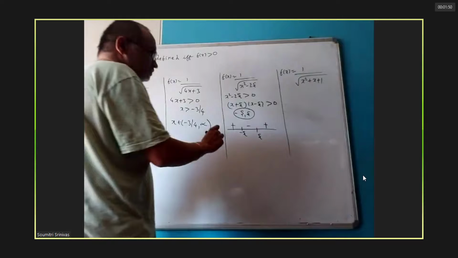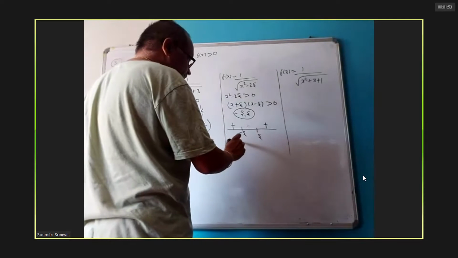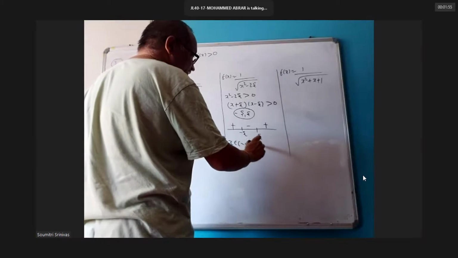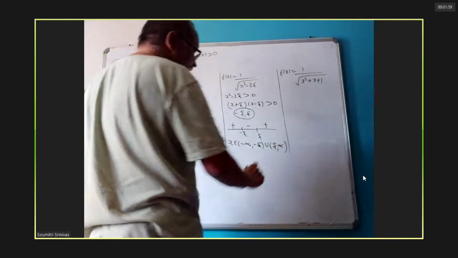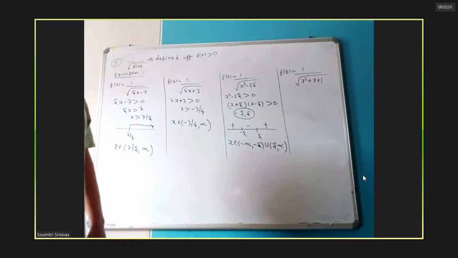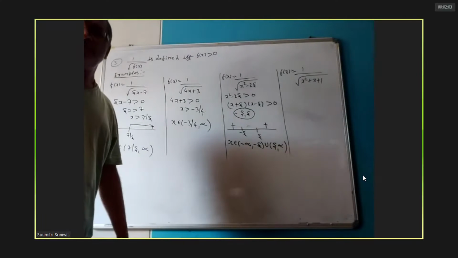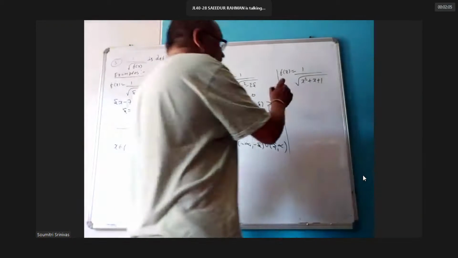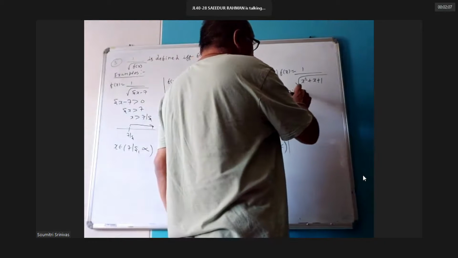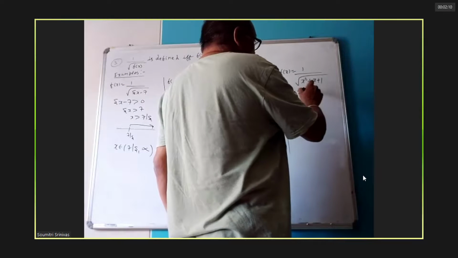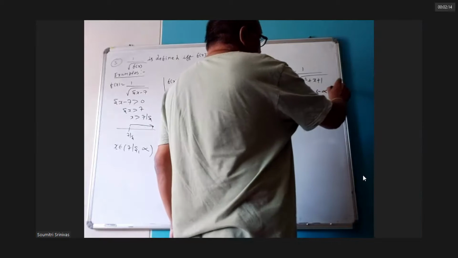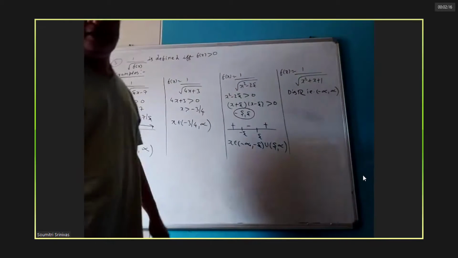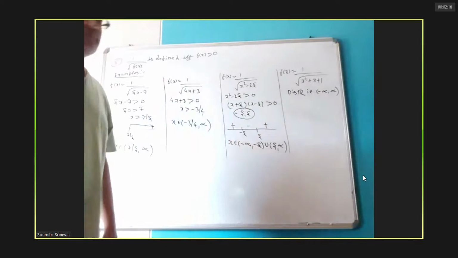So x belongs to minus infinity comma minus 5 union 5 comma infinity. Anybody answer for the last one? Minus infinity to infinity. Very good. Domain is R.